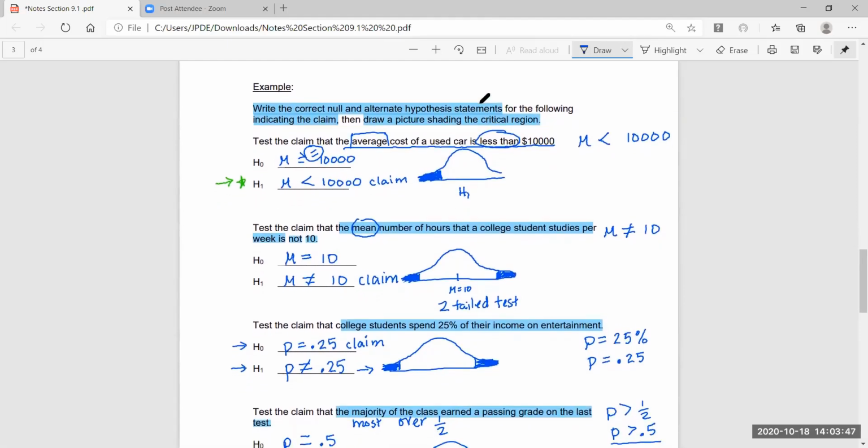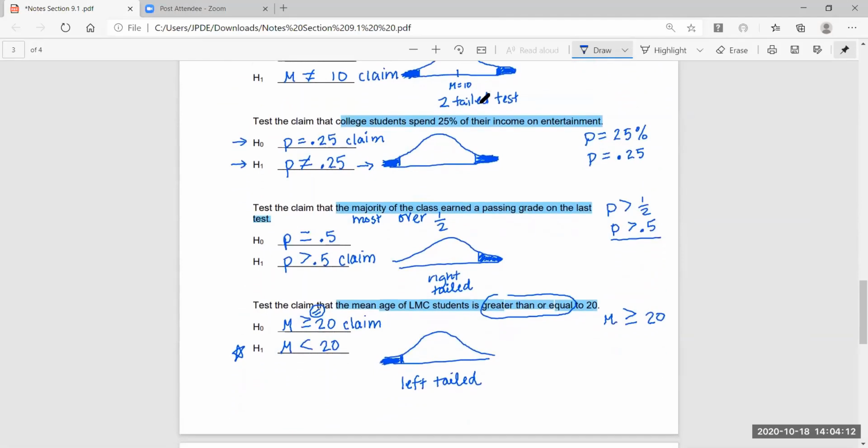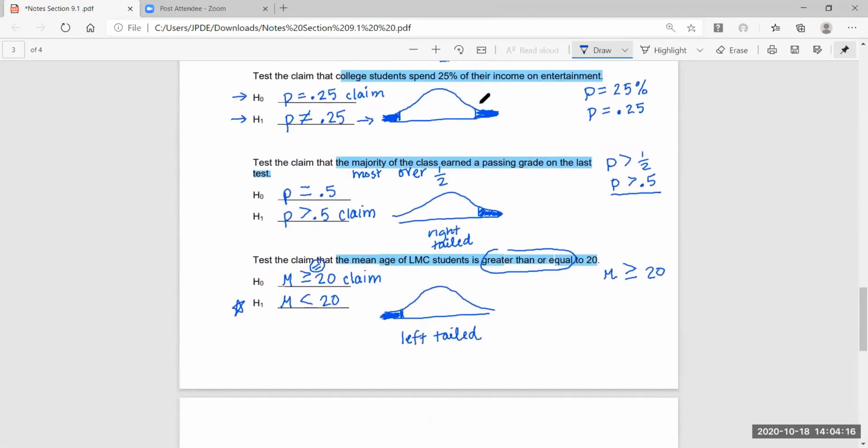It's important to get this part down because what you write for the null and the alternative hypothesis statements is going to determine which formula or which calculator function you use to perform the hypothesis test. So getting these right to begin with is critical for the rest of it. It's the beginning of the problem, so that's going to be really critical.